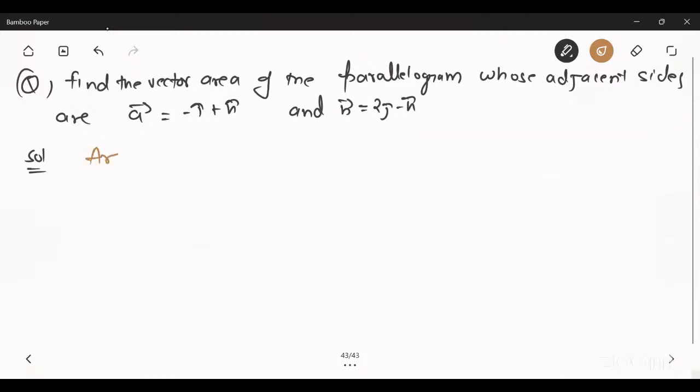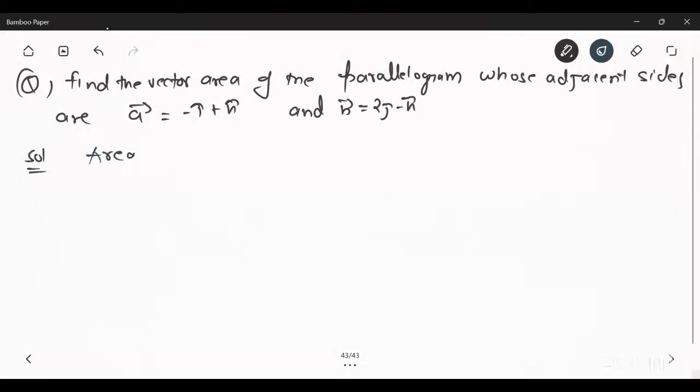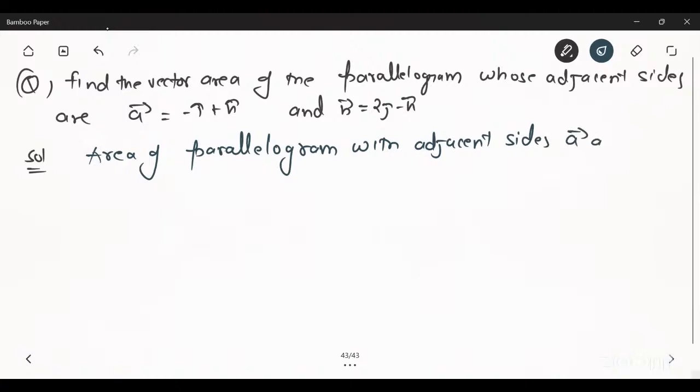The area of parallelogram with adjacent sides A vector and B vector will be mod of A cross B. So firstly find A cross B. A is minus i plus k and B is 2j minus k.